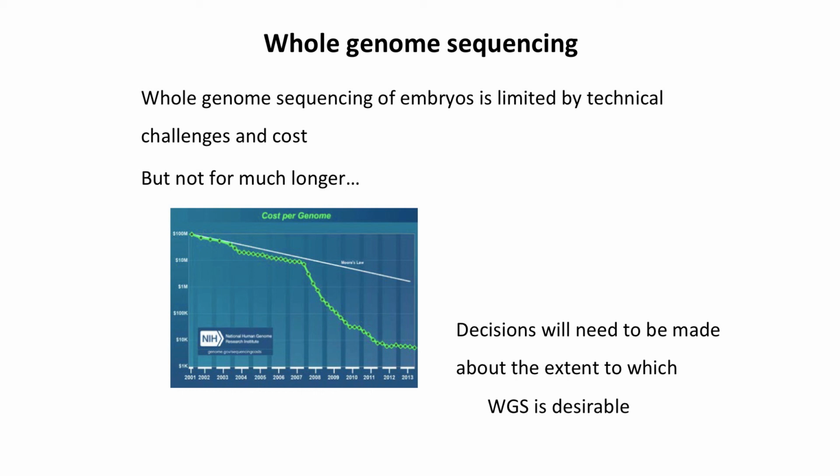I remember when the human genome was first sequenced, it took over a decade and cost more than $1 billion. But you can sequence a human genome now in about a day for about $1,000. So these bars, both technical and economic, to doing whole genome sequence analysis of embryos are starting to fade into the background. So we really do have to think about these questions sooner rather than later.